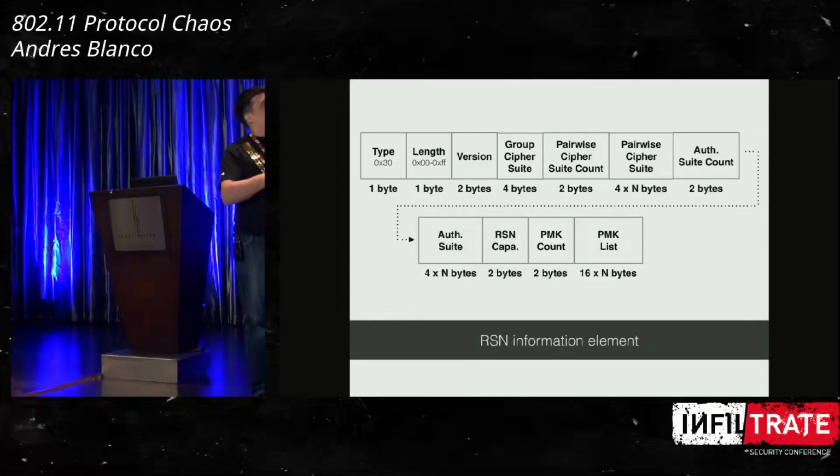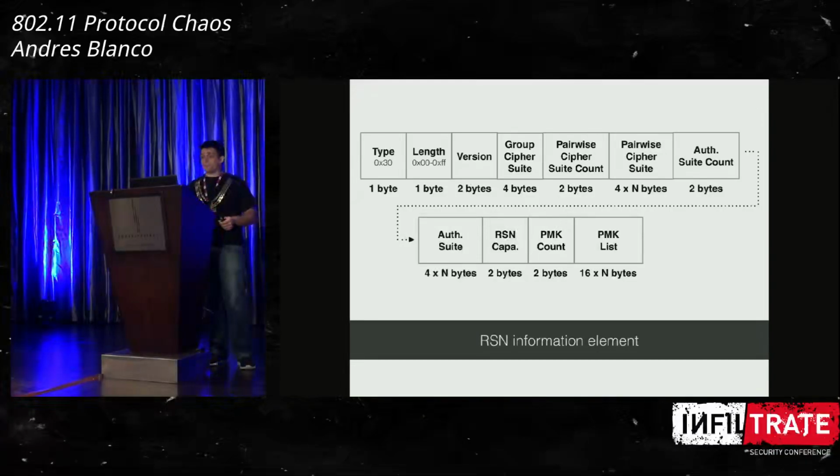We have the information element that has 1 byte for the type, 1 byte for the length, and then inside we have another structure, the RSN structure, and it has 2 bytes to define a count item inside. So the information contained inside the information element can be longer than the information element that contains it. This makes no sense at all.